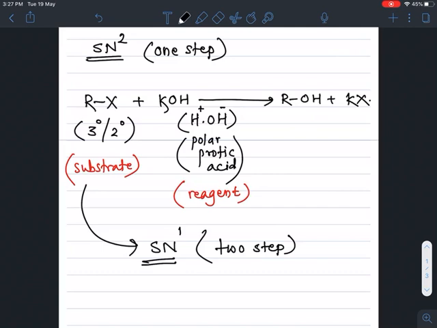In the first step it forms a stable carbocation, and then it is treated with the OH nucleophile, which gives the corresponding alcohol. This is a 2-step reaction, and you already studied this mechanism in halogen derivatives. If you want to revise it, see the halogen derivative part, that is the SN1 and SN2 reaction mechanism.